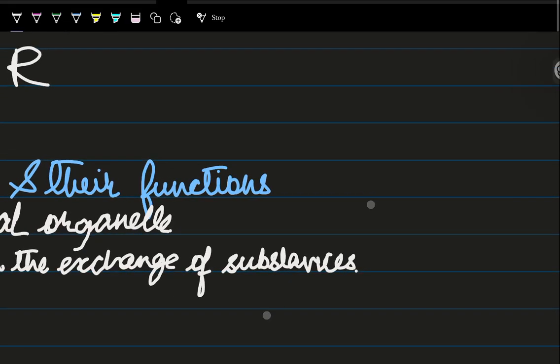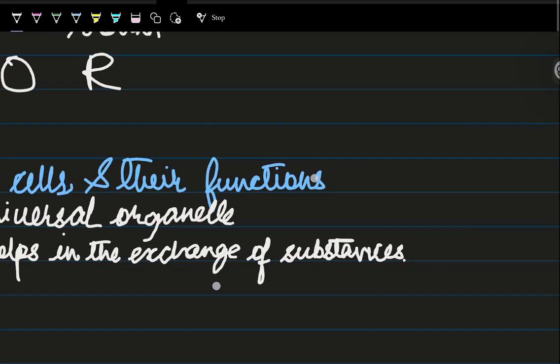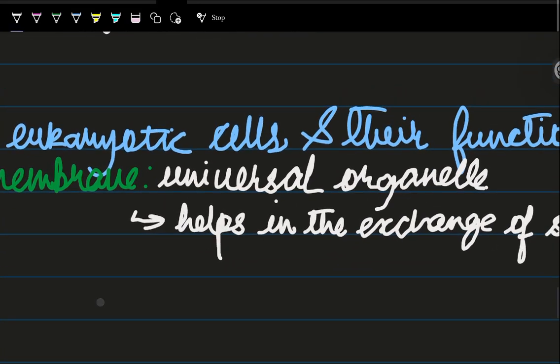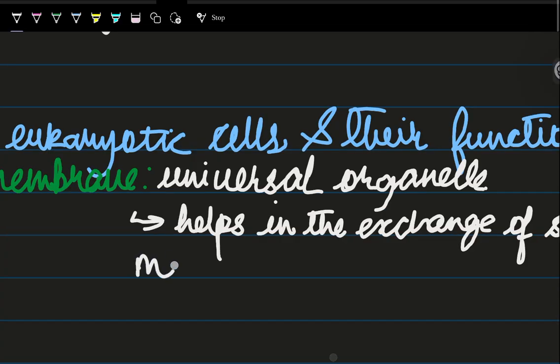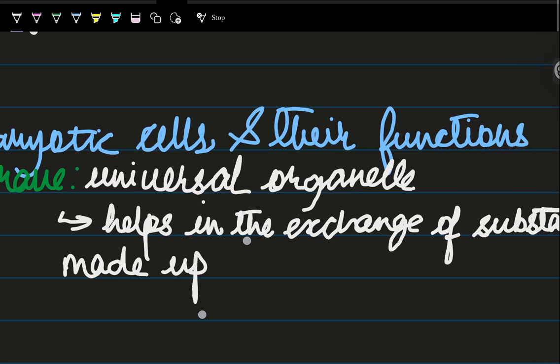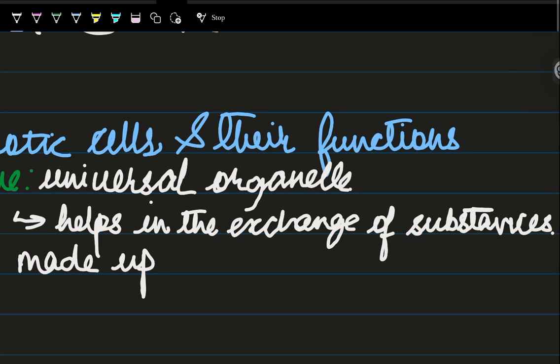It is made up of small lipids known as phospholipids.